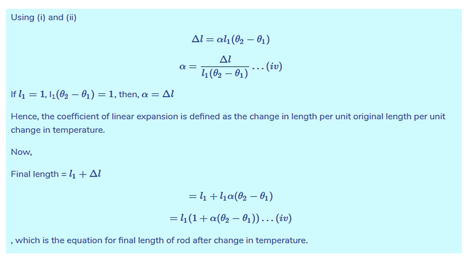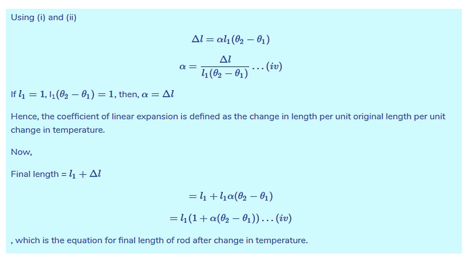So by combining the two, you will get delta L, the change in length, equals alpha, the proportionality constant known as the coefficient of linear expansion, into L1 into θ2 minus θ1.